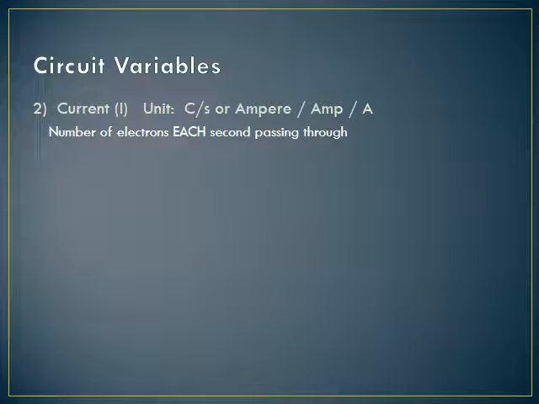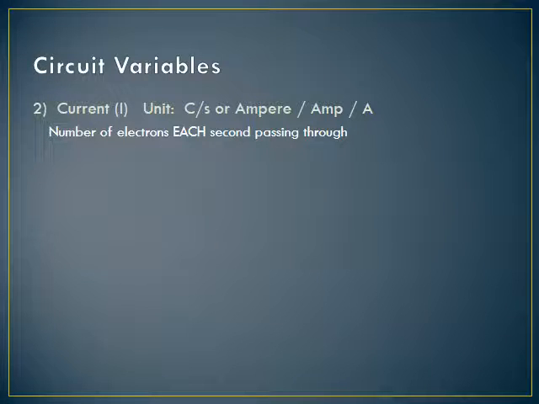The second circuit variable is known as current, and we use a capital I to represent current for no good reason that I can think of, but it is what it is. So current is an I, and current is defined as the number of electrons each second that pass through a device. So either pass through the battery, or pass through one of your resistors, or pass through a switch.